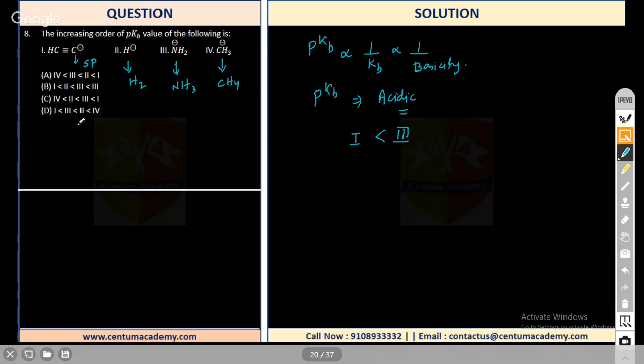And the fourth is also, second and third if you compare, right? Hydrogen is not that much electronegative, right? So this second will also have more acidity than the first and the third one, right? And if you compare the fourth one and the second one, obviously this fourth one will be more.